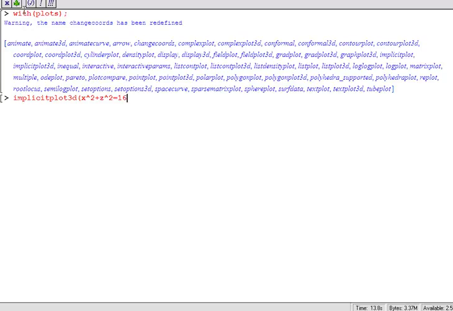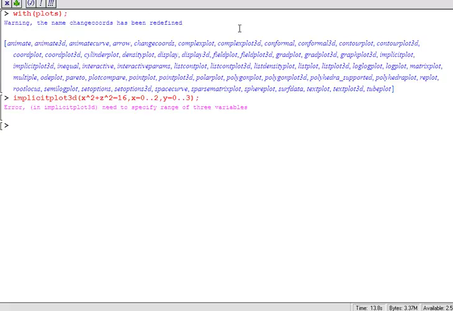Oh, hold on. Let's do this one too. This was the example that I did in the lecture. Let me graph it just to see what the picture of it looks like.